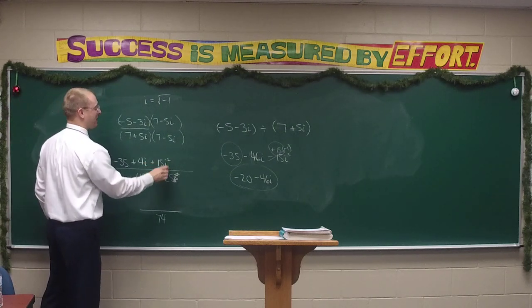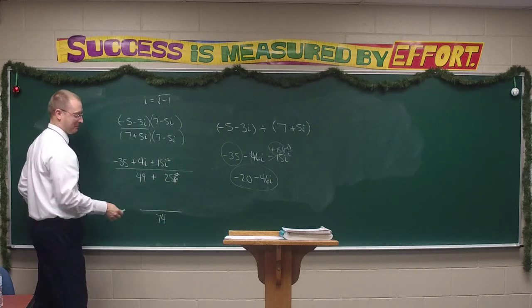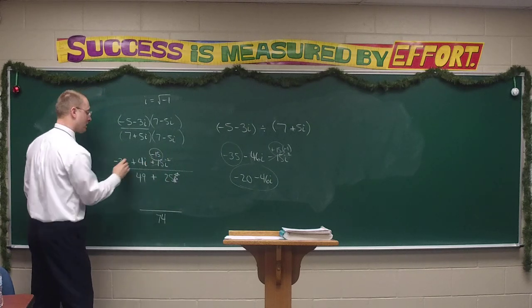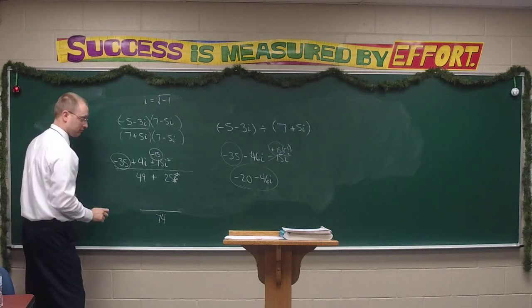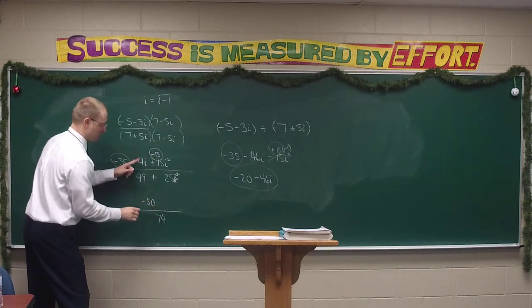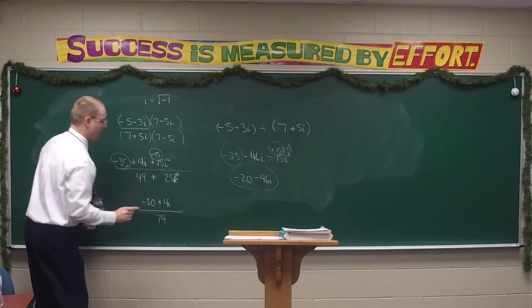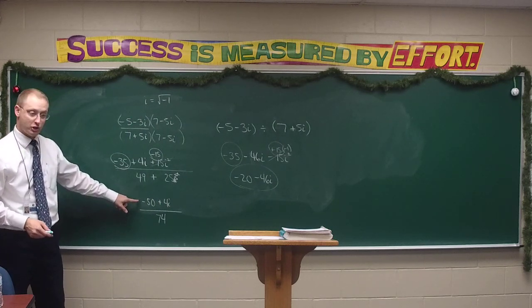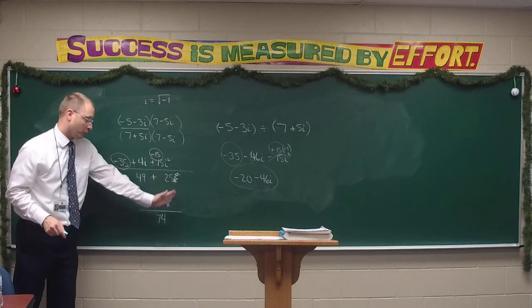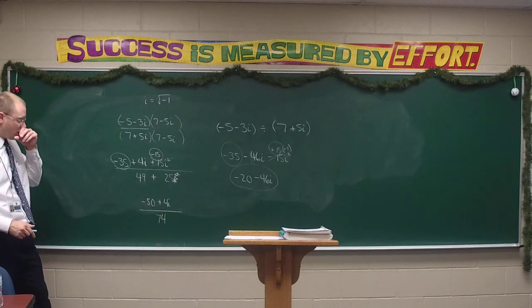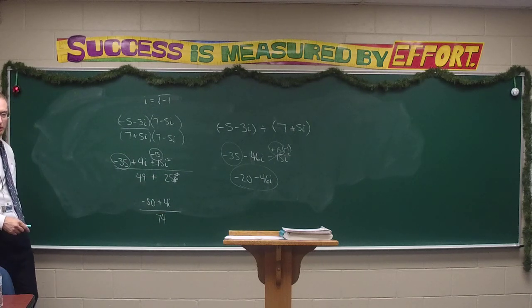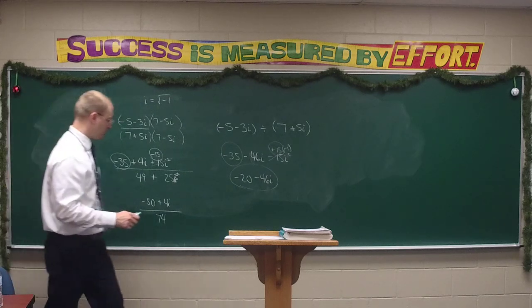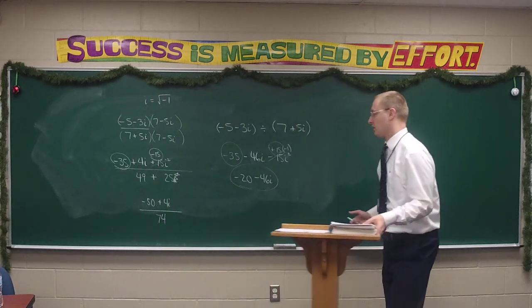Positive 15i squared, but we know that's going to really become negative 15, which can combine with the negative 35. And of course, we still have the positive 4i here. And now, I don't actually mind a negative first term because real has to come before imaginary. But there is something I should do to this complex number. Negative 50 plus 4i over 74.